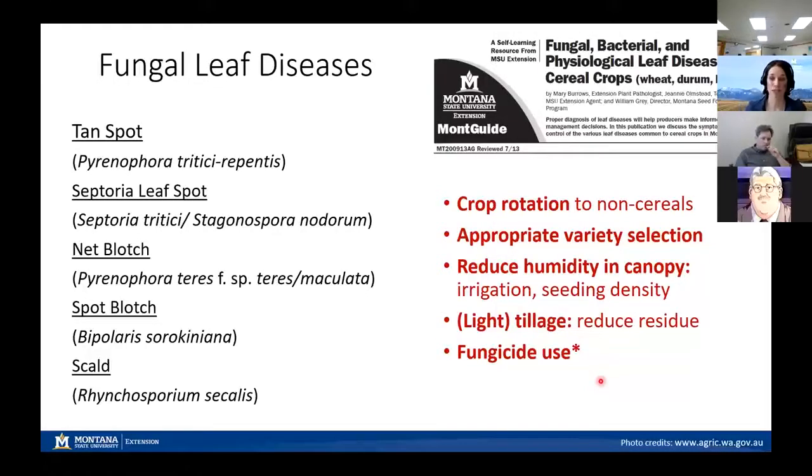And of course, if disease risk is high and this foliar disease really threatens your flag leaf and your grain yield, then use of a fungicide might be helpful. And so in the following slides, I want to talk a little bit about some considerations and some information that we found that might be helpful for you to decide if and when a fungicide use might be warranted.